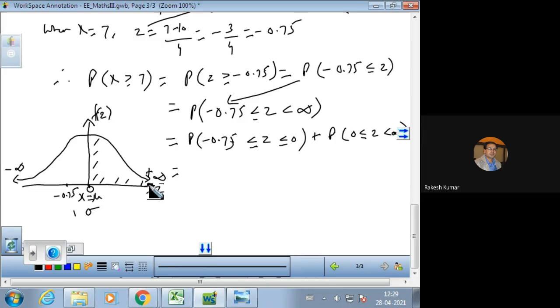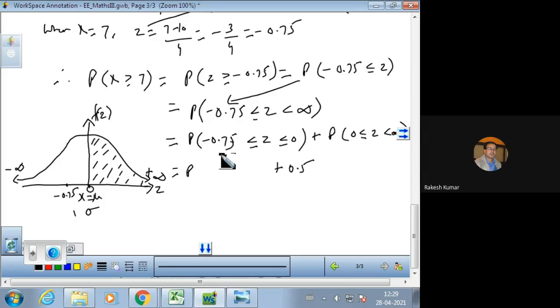So 0 to plus infinity, we know that the area to the right of the mean position is 0.5, and this area we need to calculate.